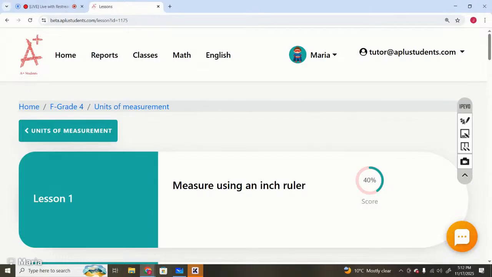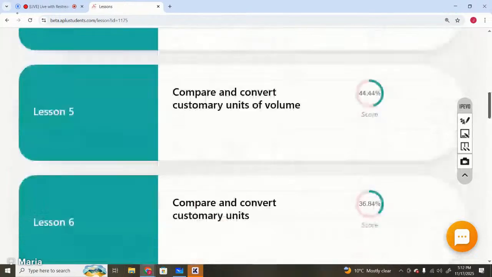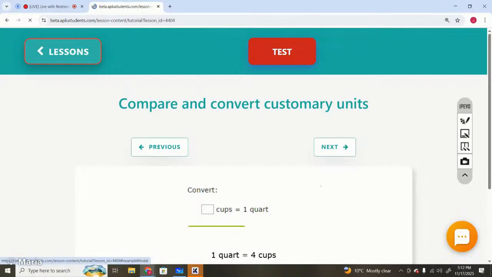The next lesson is compare and convert customary units. Let's just start with the lesson.